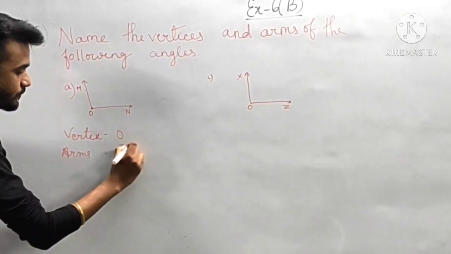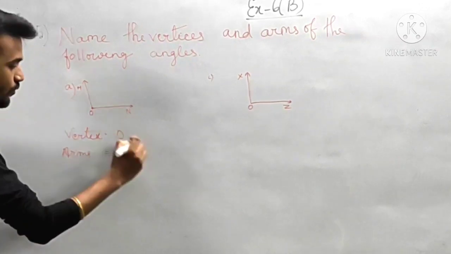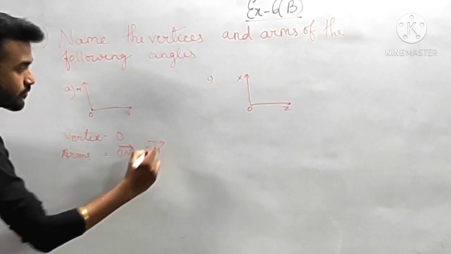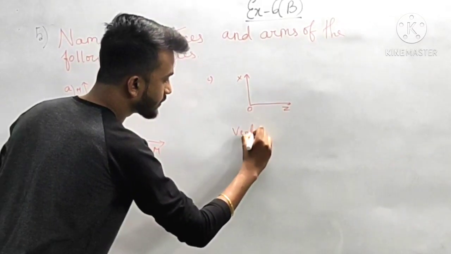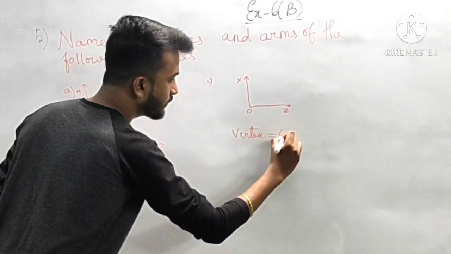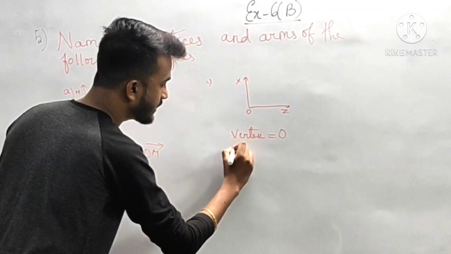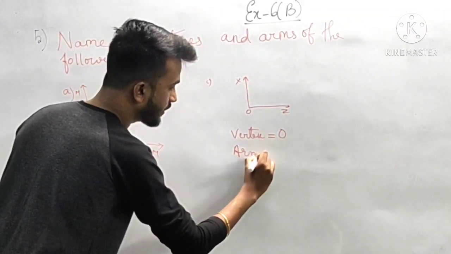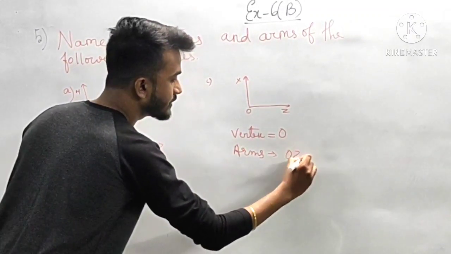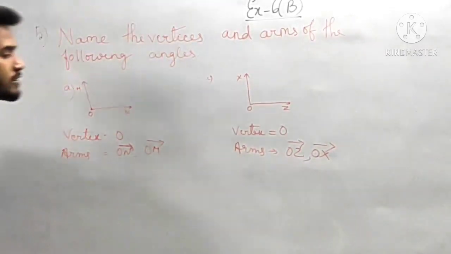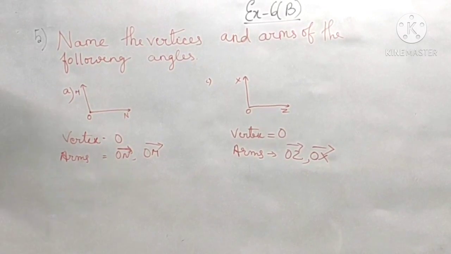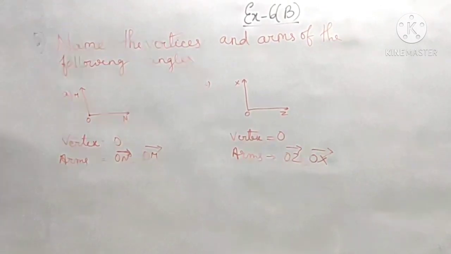ON is an arm, and OM is another arm. Now you see number C. Again, which one is the vertex here? The vertex is O here, and OZ is an arm. OZ is an arm and OX is another arm. One more question was there, number B, that you will do by yourself.